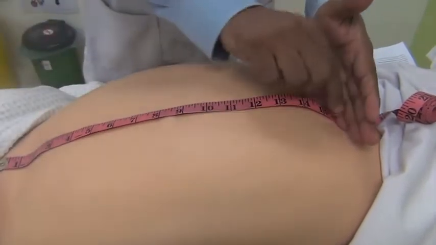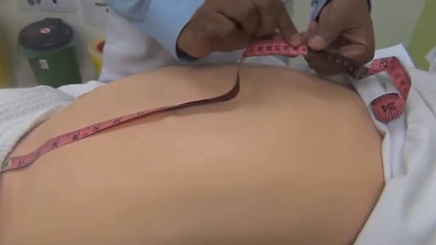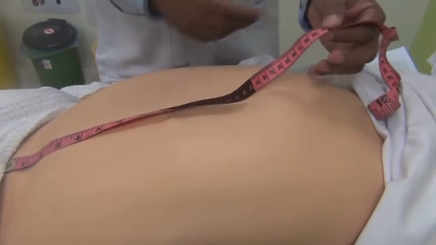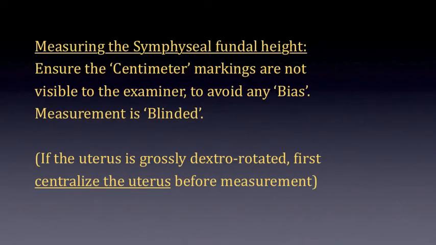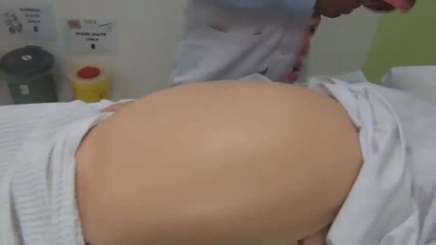Once you find the fundal height, you reverse the tape and you can read the fundal height. The symphysis-fundal height generally corresponds to the period of gestation from 20 weeks to 34 weeks period of gestation. Thereafter, it is usually around 37 to 38 centimeters.